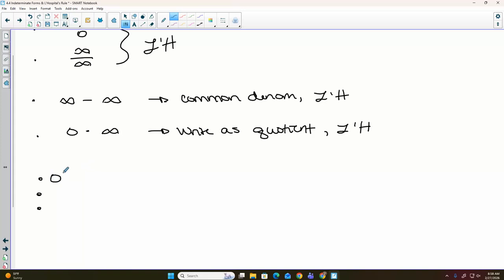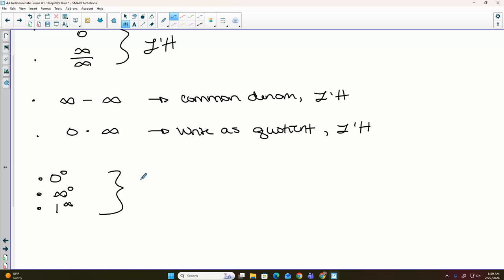So if we have 0 to the 0 power, infinity to the 0 power, or 1 to the infinity power, those are indeterminate forms that we can't just look at and decide the answer. Now our strategy for these is going to be a little bit different.